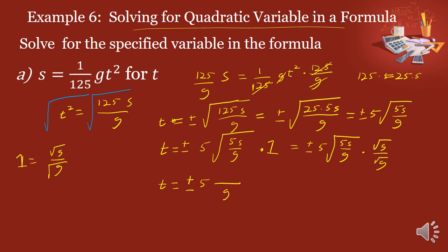And then on the numerator we will have the square root of 5 times s times g. And this is called rationalizing the denominator. And that is what I forgot in class, and I apologize for that.